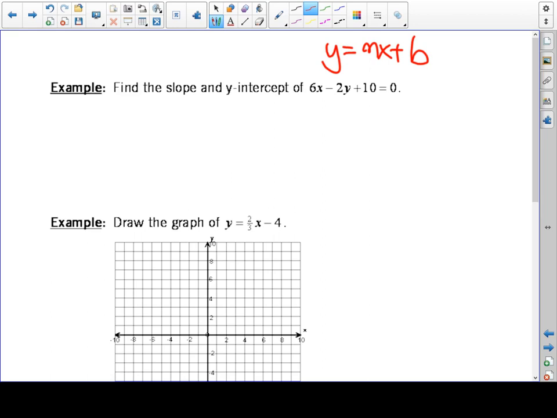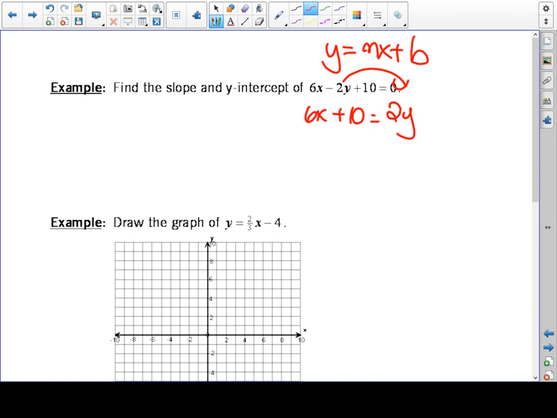Okay, so here's the deal. I've got 3 things on the left side and nothing on the right. To make this easiest, I'm just going to bring the 2y over there. So we're going to have 6x plus 10 equals positive 2y. Now, if we want to get the y by itself, we have to divide everything by 2.